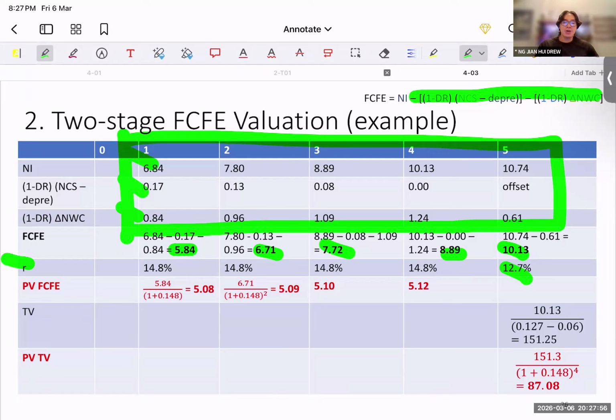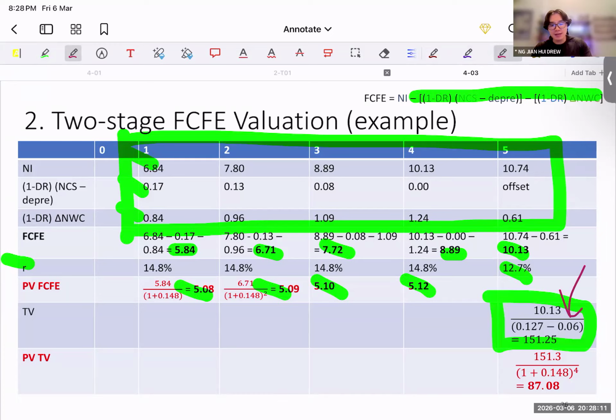We discount our 4 years of cash flow, and then for the 5th year, we calculate the present value of a growing perpetuity as it will grow at the 6% growth rate, G. And last but not least, we need to discount the terminal value back to year 0 for year 1 to 4.